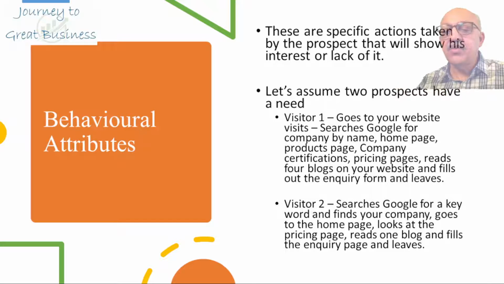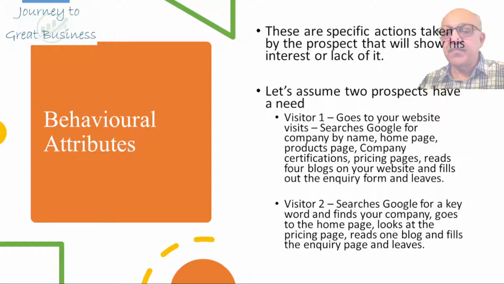Once he arrives, he reads it, spends some time, goes to the product page, spends some time there, then the company page, then the pricing page, and then he reads 3 or 4 blogs on your website, and then finally goes and fills the inquiry form on your website.